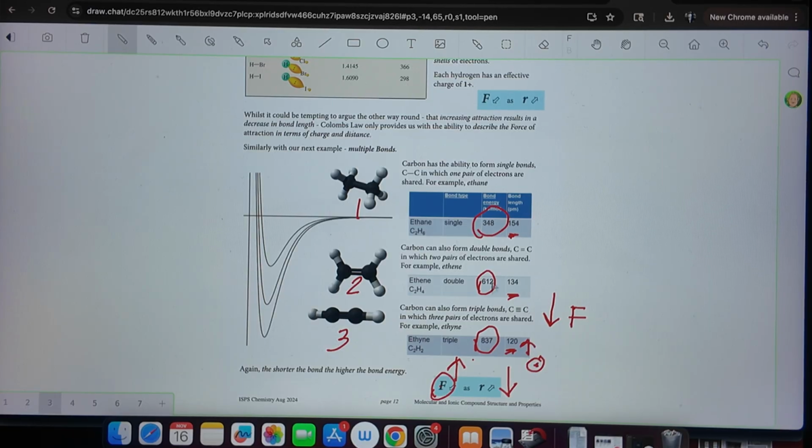So the force is going down, and as the force goes down, the radius or the distance between is going up. And the opposite is true, which is what I'm looking at it actually from, here's my eyes, right? I'm looking down. And I see that as I go from single, double, triple, it's the same thing. It's just reverse. It just means wherever one goes, the other one will go opposite.